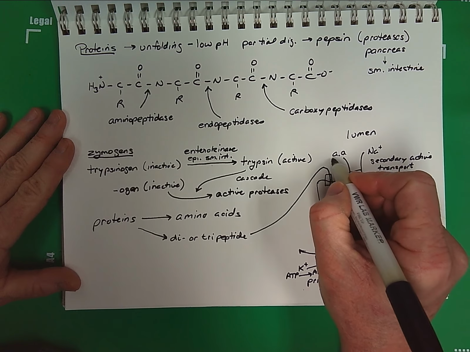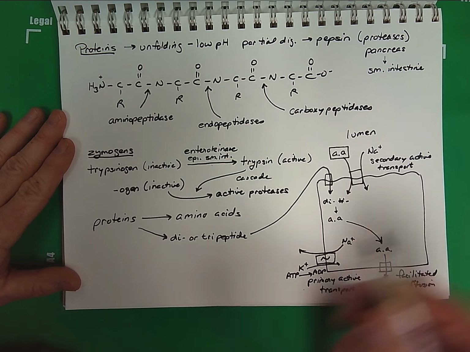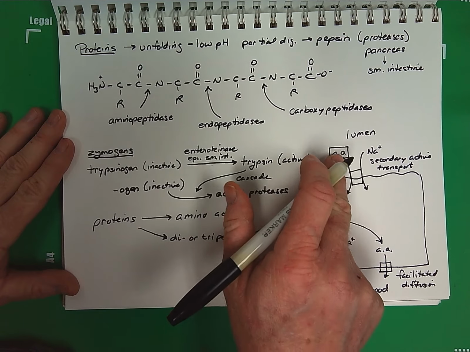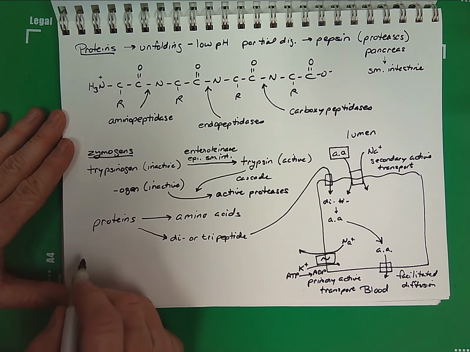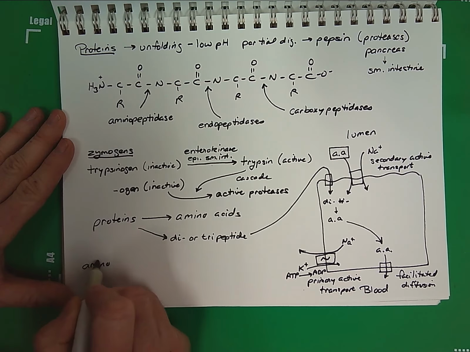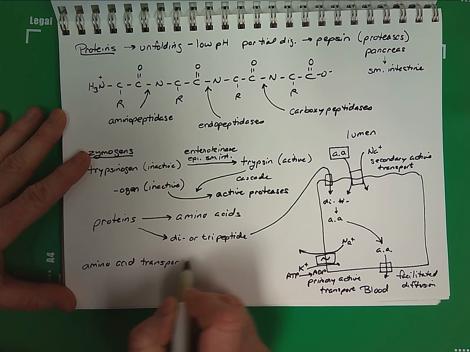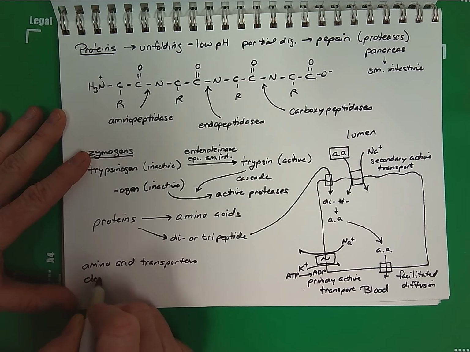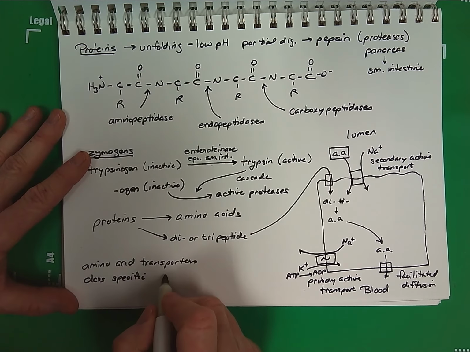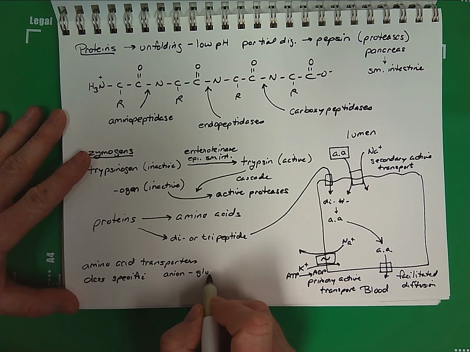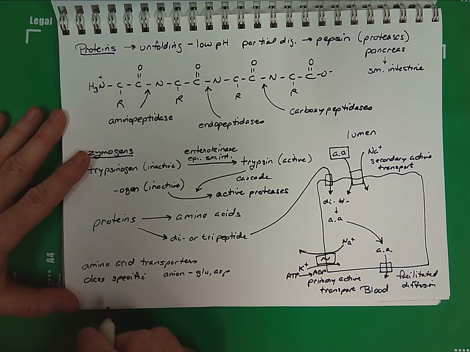One final note is that the amino acid transporters have interesting characteristics to them. There is not a transporter for every one of the amino acids. The amino acid transporters can be considered class-specific. So what does that mean? We may have an anion transporter for glutamate and aspartate, for example.